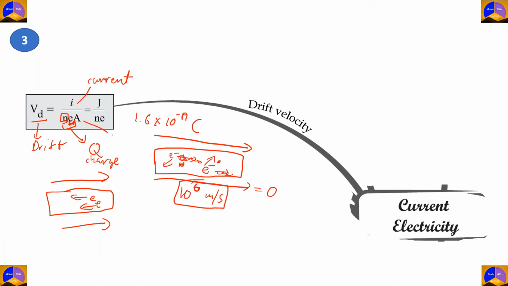And A is the area of cross-section of the conductor in question. Now, we know that current density J is equal to I divided by A, which is current divided by area. So using that, we will get the formula for drift velocity as J divided by NE, where J again stands for current density and NE is the same value as before. N stands for the number of electrons and E stands for 1.6 into 10 raised to minus 19 coulombs. So that gives us the total charge present in the conductor.